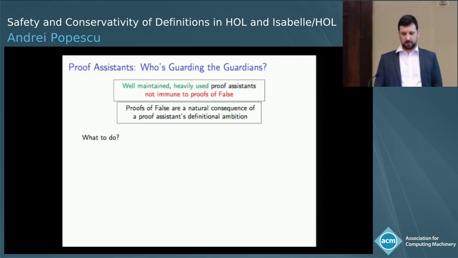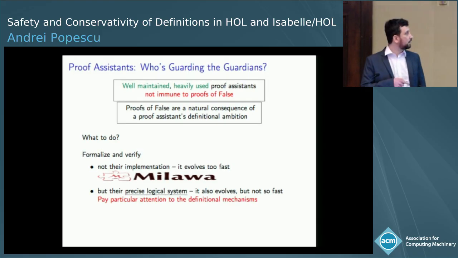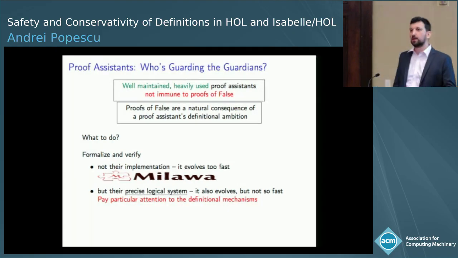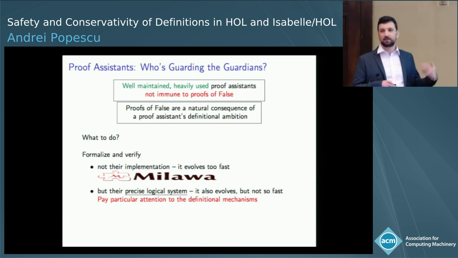So what can be done about this? I would argue that a reasonable measure here would be to formalize and verify not the implementation of the proof assistant. This is especially true for heavily used proof assistants with many users, which evolve too fast, although some people have managed to do this for some smaller provers.